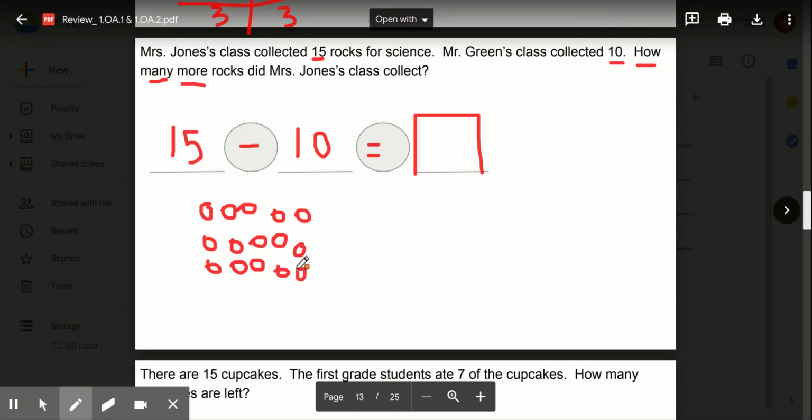And I'm going to take 10 away. 1, 2, 3, 4, 5, 6, 7, 8, 9, 10. And I have 1, 2, 3, 4, 5 left. Mrs. Jones' class collected 5 more rocks than Mr. Green's.